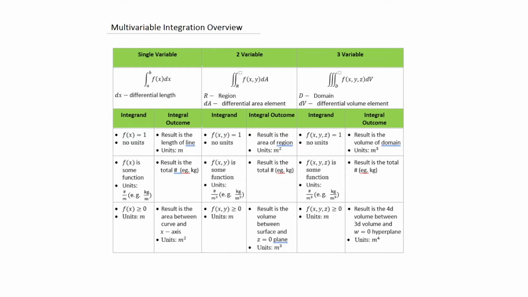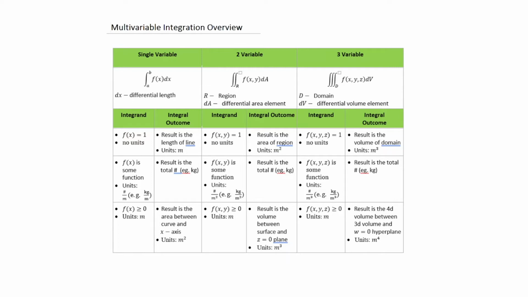Second option is f of x is some function, right? And its units would be a number sign divided by meters, where this number sign would be some physical quantity such as kilograms. So for instance, if we're interested in calculating the total mass of a straight line, where the mass is not distributed uniformly, then it would be a mass density, kilograms per meter.